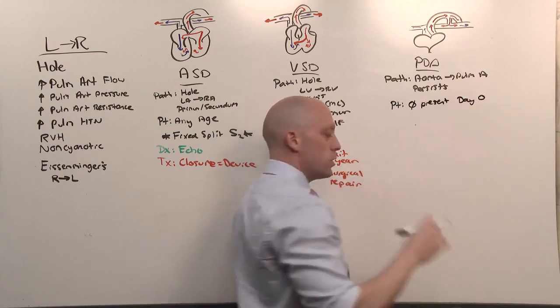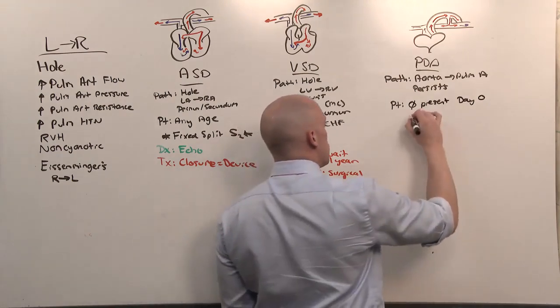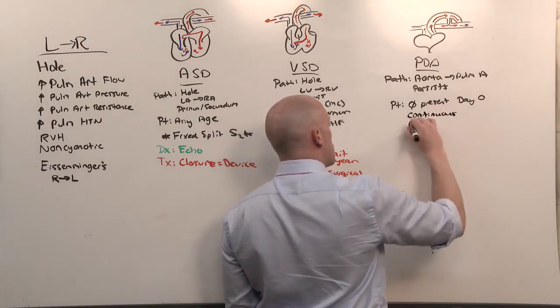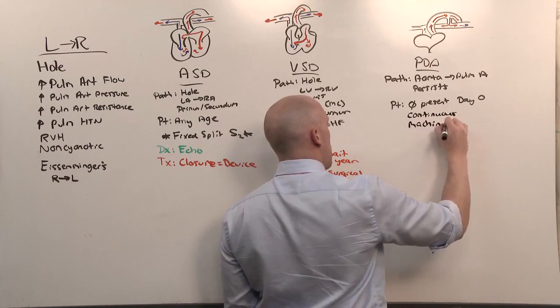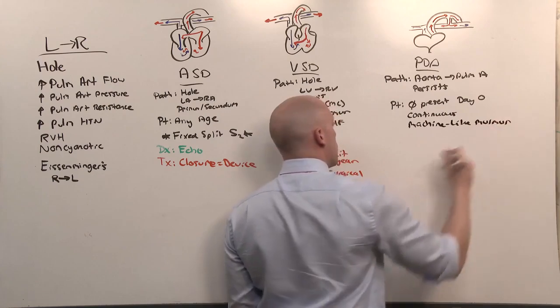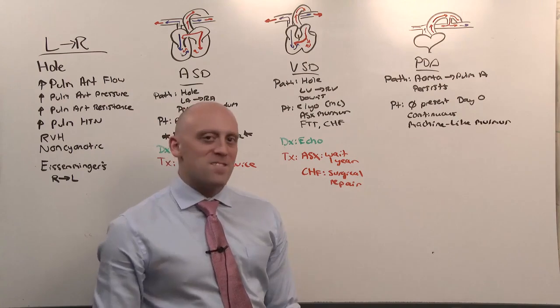And the murmur is going to be written out as a continuous machine-like murmur. Now, machine-like is too much of a buzz phrase, so they might actually give you multiphasic.